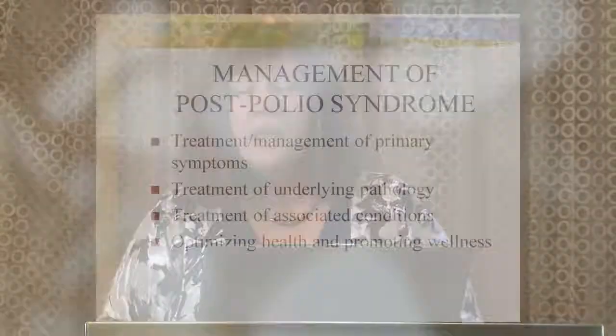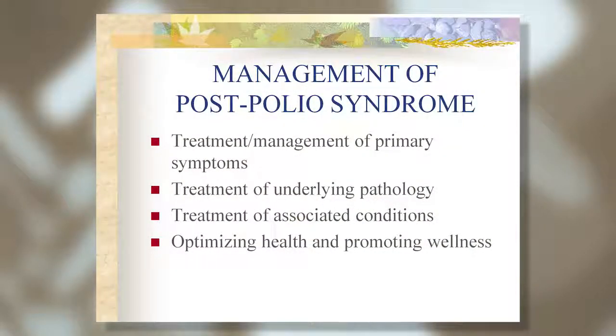I'm going to be talking about the components of comprehensive post-polio management. Management of post-polio syndrome has a number of different aspects. We often manage and treat the primary symptoms, but in addition, treatment includes identifying underlying pathology, which may or may not be related to polio, treating associated conditions that are linked to polio but not a direct effect, and optimizing health and promoting wellness.